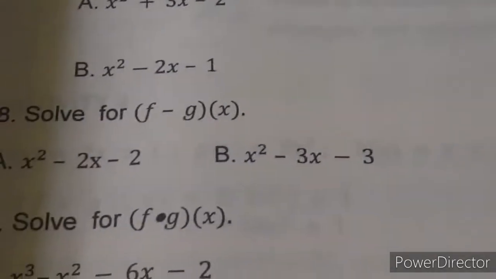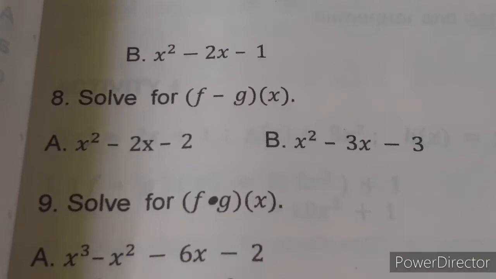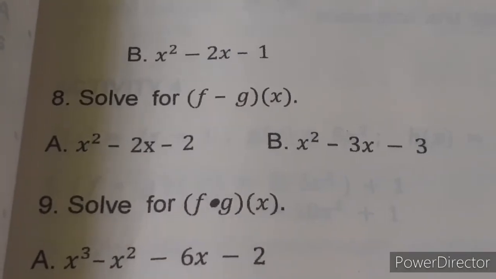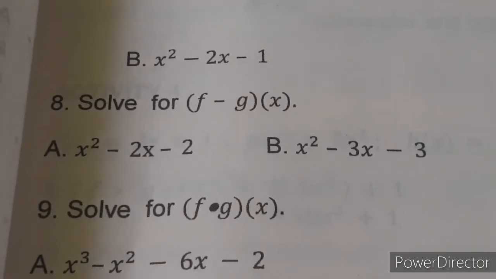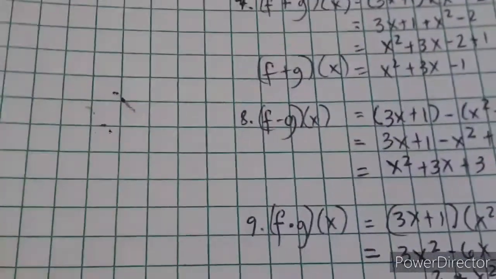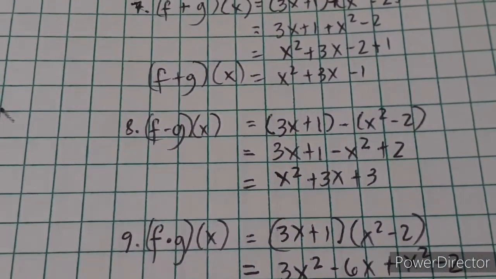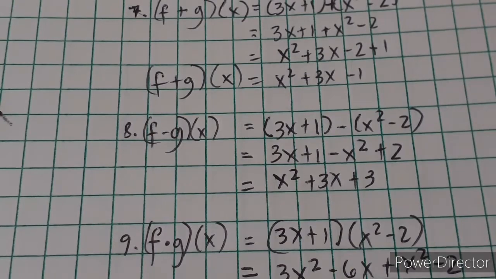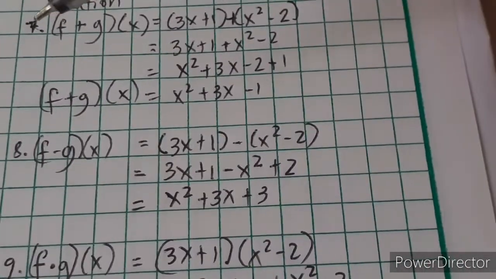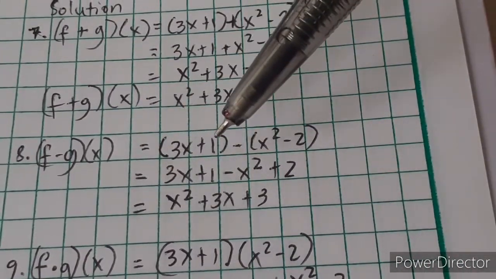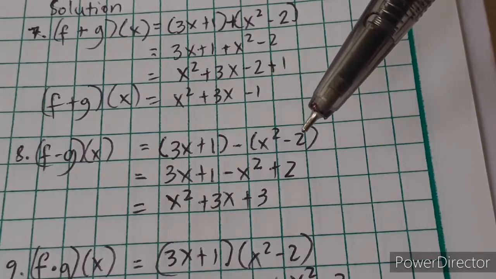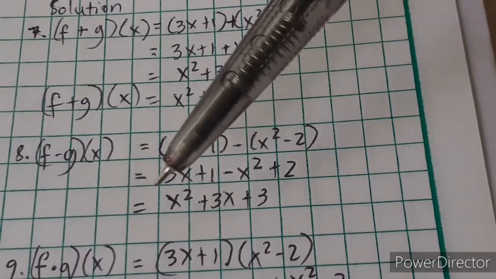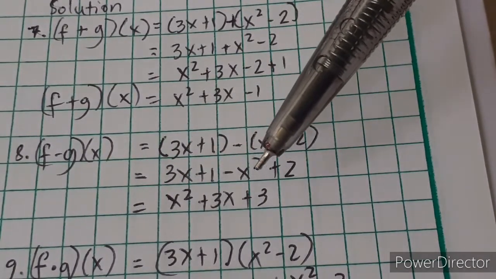Number 8. Solve for f minus g of x. So this is the solution. 3x plus 1 minus x squared minus 2. So 3x plus 1 minus x squared.